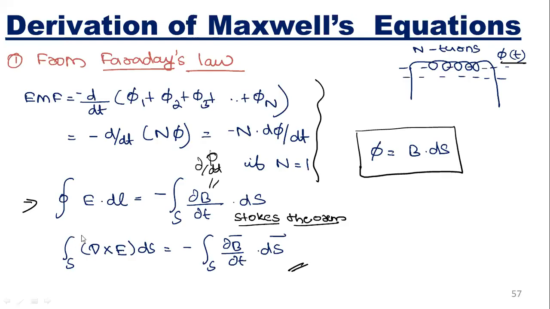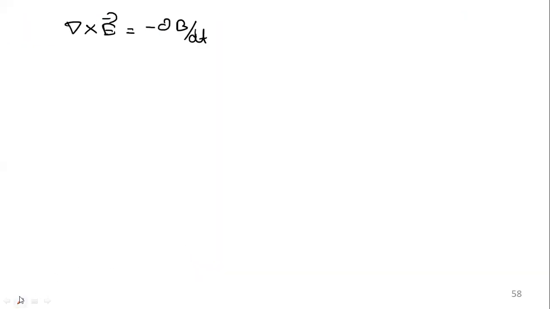Here the surface integration and ds get cancelled, which makes del cross E equal to minus dou B by dou t, and this is called Maxwell's first equation in point form.